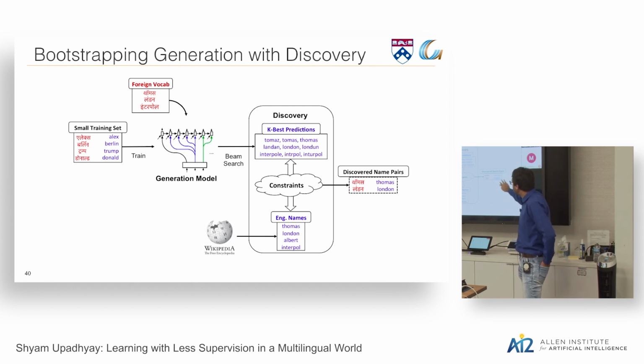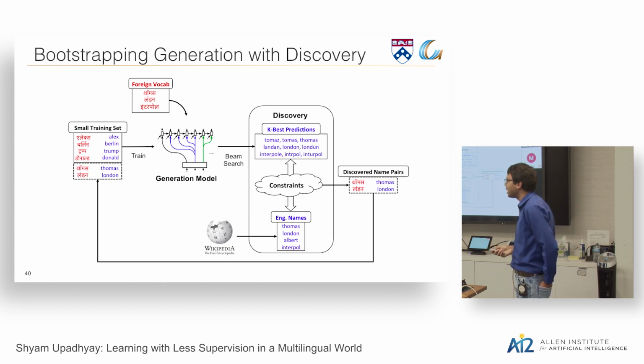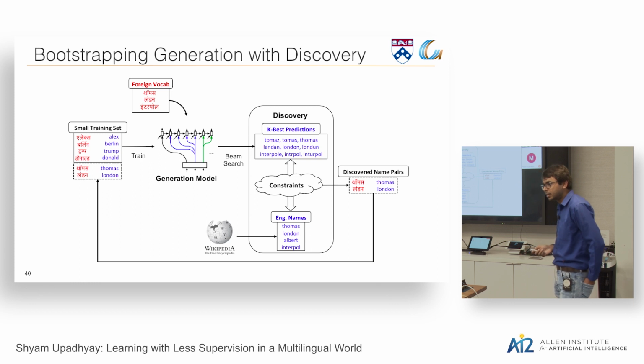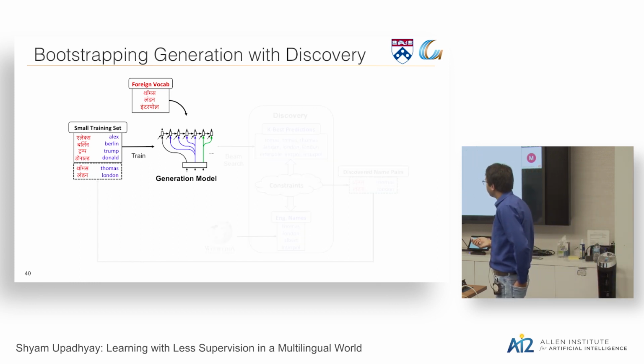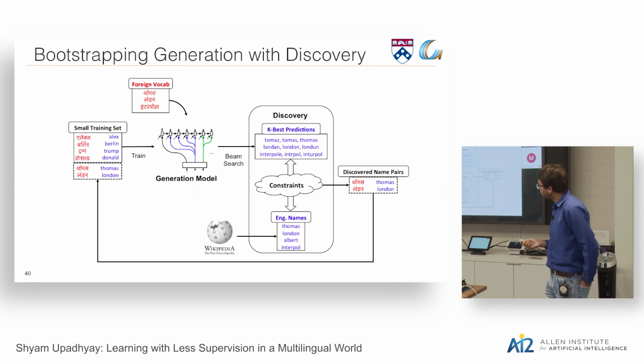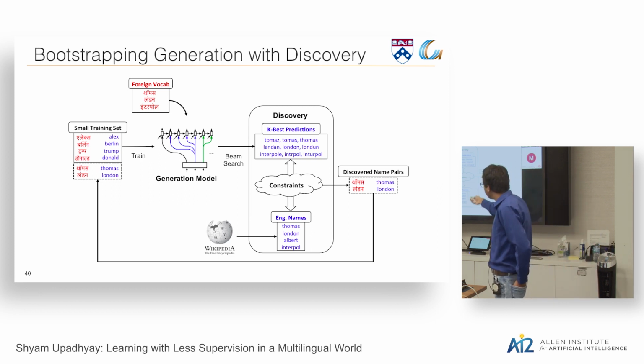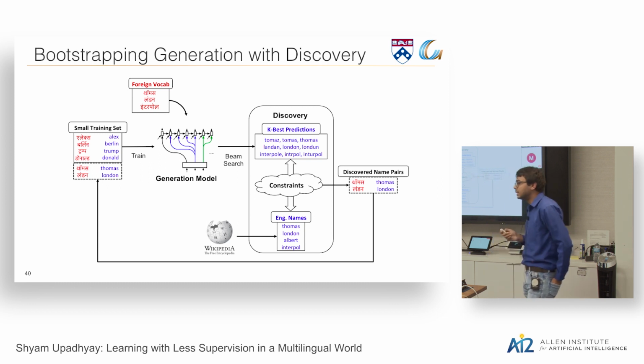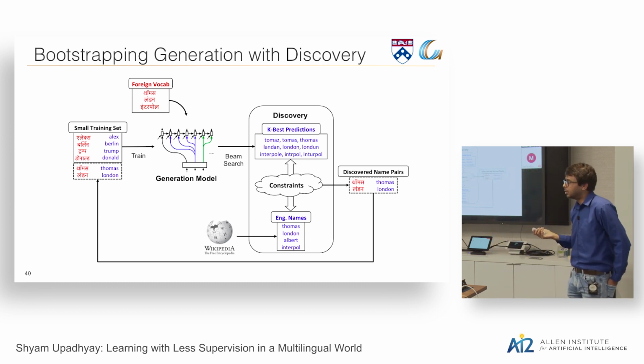And using these constraints, we are going to discover some new name pairs that we can add back to our initial training set. And this way, we are ready for the next iteration, and so on and so forth. And this way, by using the knowledge that is encoded in the knowledge base and some constraints along with some unlabeled examples, we were able to compensate for the limited amount of supervision and drive better learning.